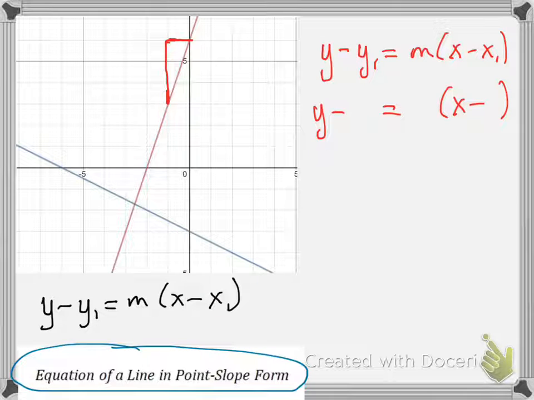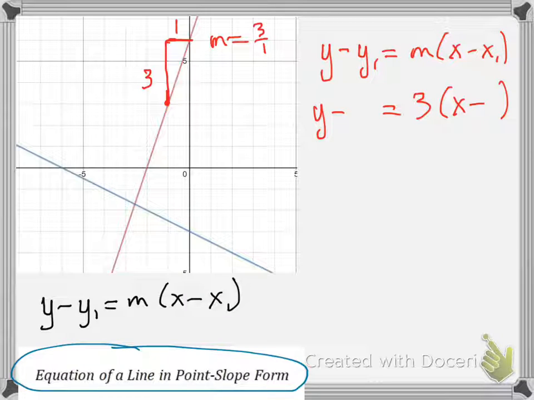So if I start here, I can say that my rise is 3, and my run is 1, and my slope is 3 over 1. Sometimes when my stylus gets too close to the edge, I have a hard time writing. Just 3. So I'm putting 3 right there into my equation.